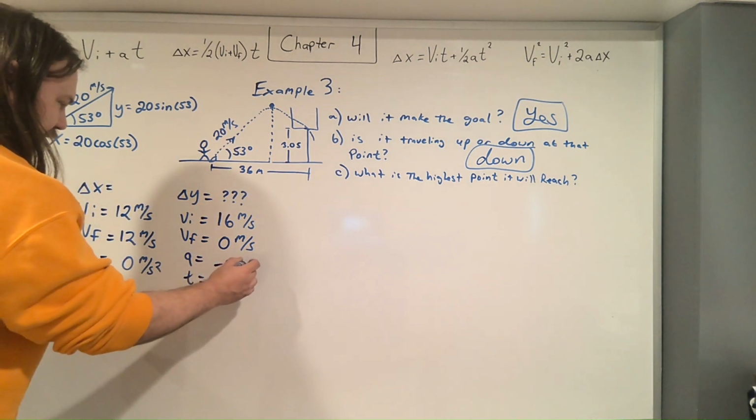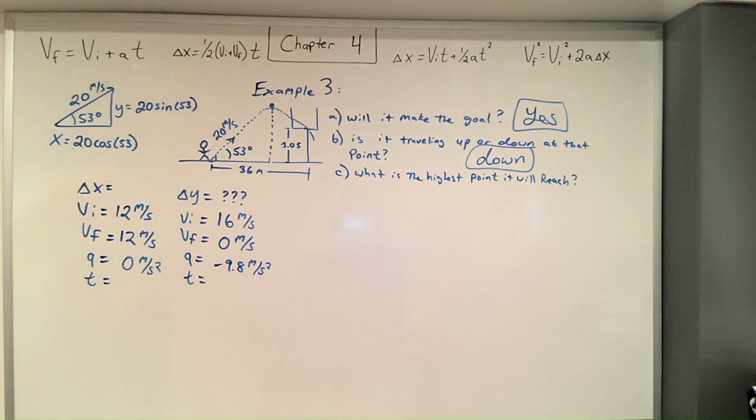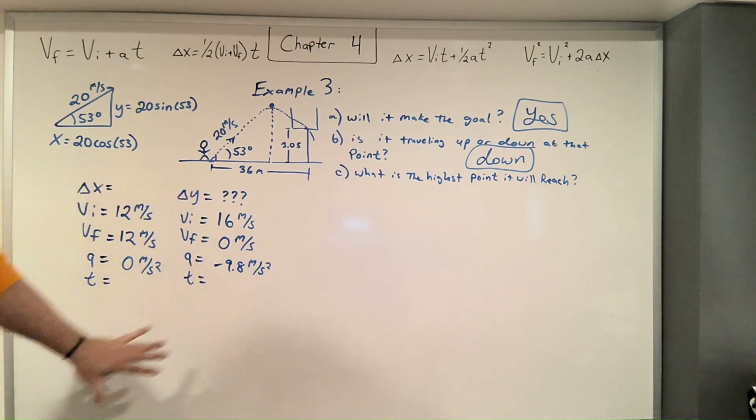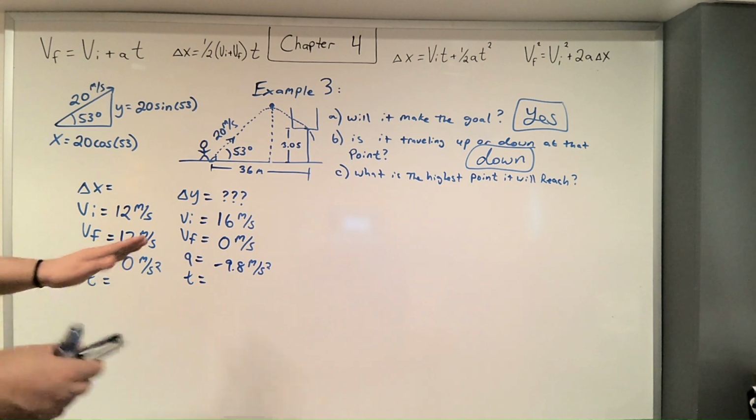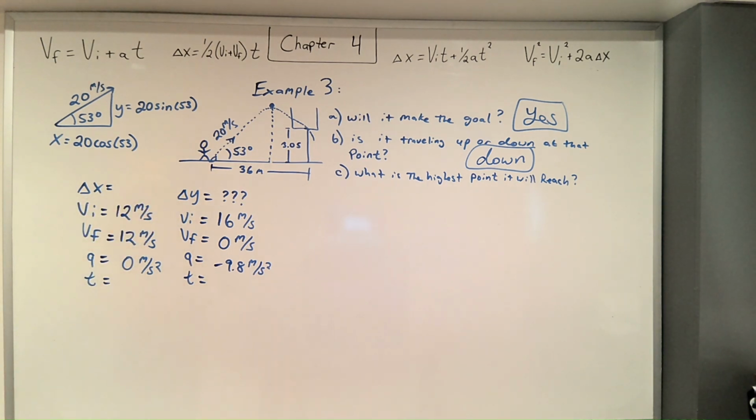We're back at negative 9.8 meters per second squared. And time, again, I don't know, don't care. Okay, now at least I filled everything out that I can with this new question that was asked. And I need to figure out what the change in y is for this new question. Okay? So I have my 3 things. I can now figure out the change in y.